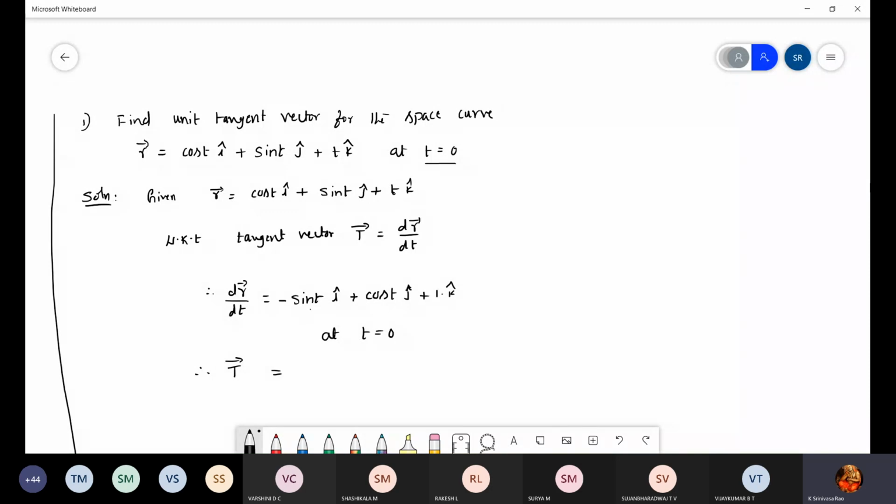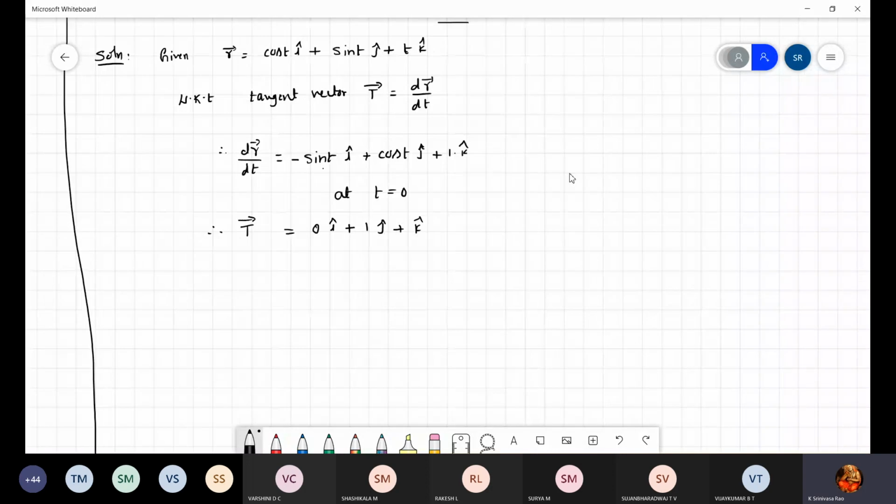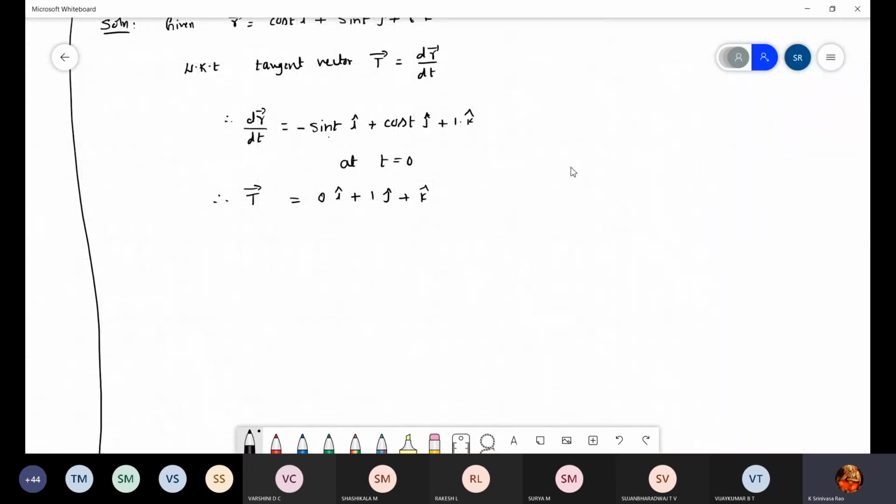If you want, you can write 0 i cap plus cos 0 is 1 j cap plus just 1, no need to substitute because it's a constant, k cap. So finally vector T equals j cap plus k cap. This is the tangent vector.